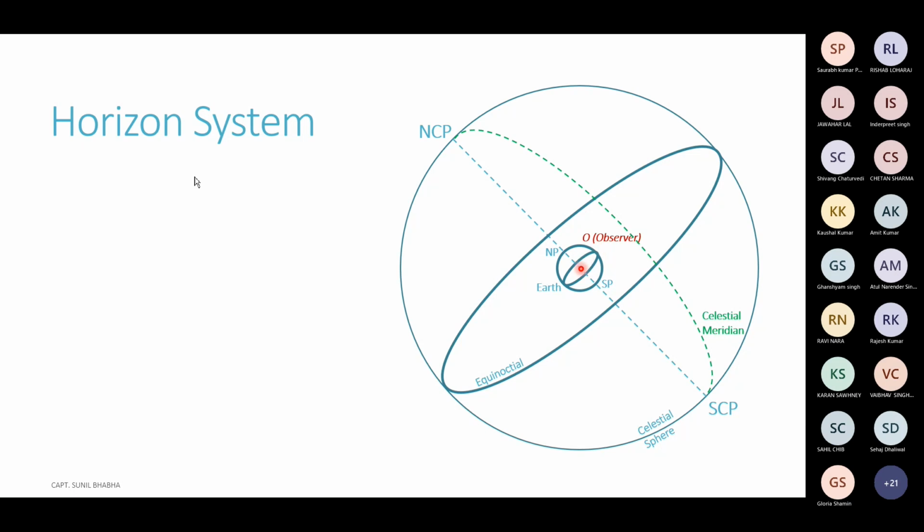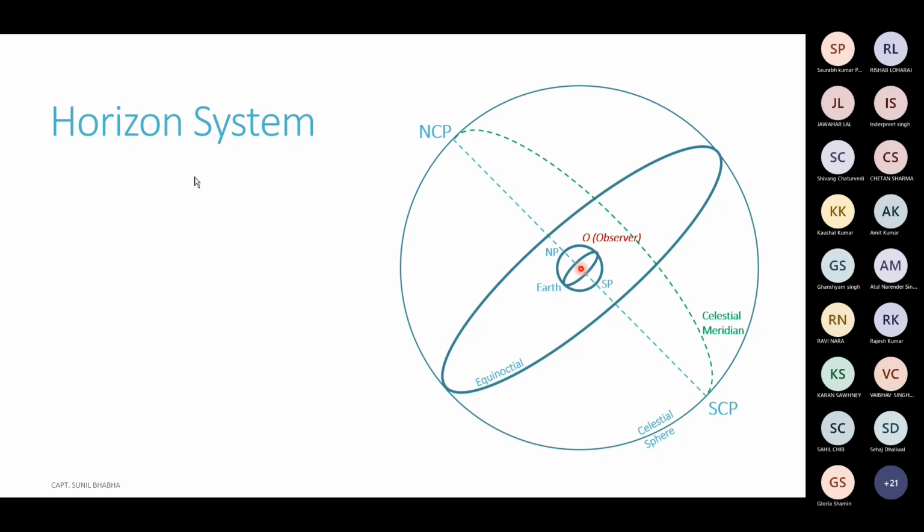Now what we are going to do is, from the center of the Earth, I'm going to draw a line up to the observer's position, and I'm going to extend that line on both the sides so that it goes and meets the celestial sphere.